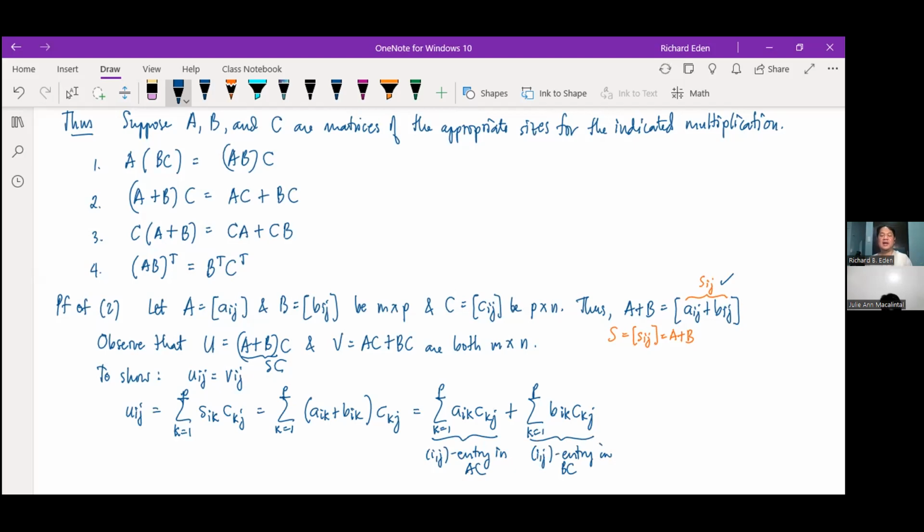So therefore, if you add them together, you would have the ij entry in AC plus BC, in other words, that's V sub ij. Okay, so that's it. Therefore, yes, we do have the distributive property applicable for number 2.